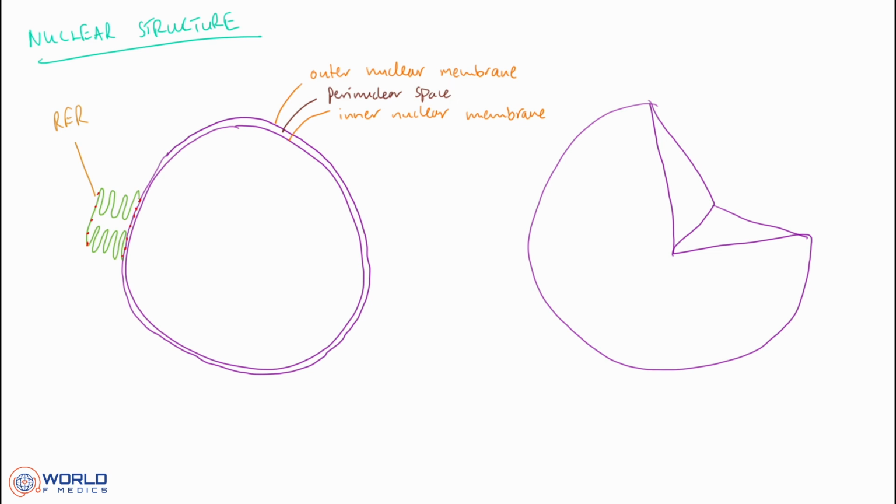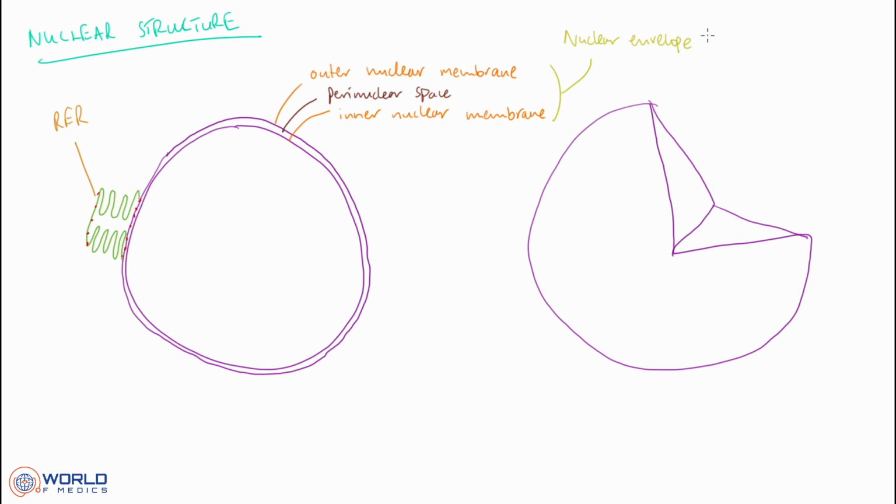So the outer nuclear membrane, the inner nuclear membrane, and the perinuclear space, they all form what is called the nuclear envelope.